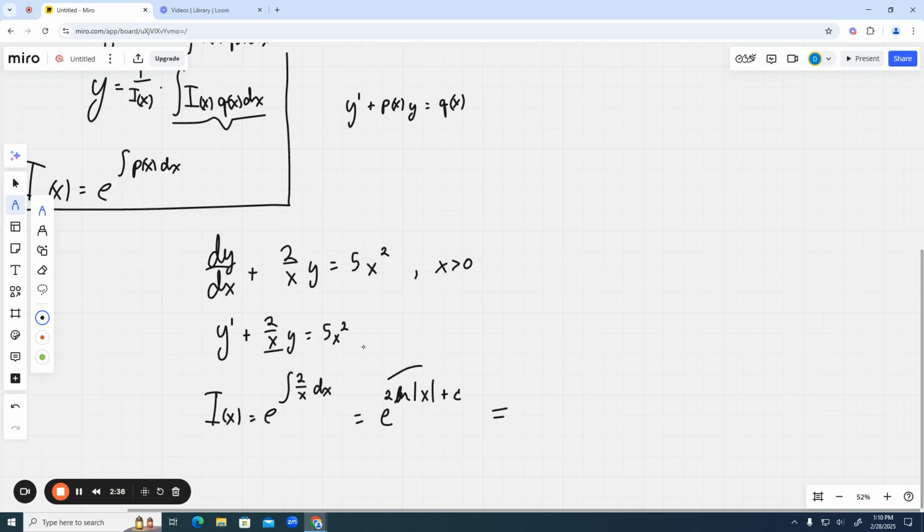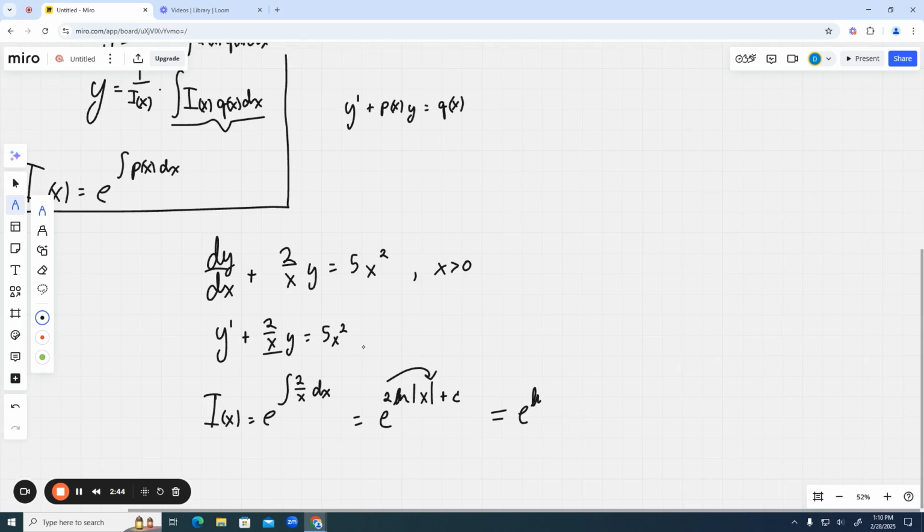And then I'm going to bring over this 2 to the exponent of x using one of my log rules, giving me e to the natural log of x squared. Again, that c is going to be 0. And we can drop our absolute value sign because x squared is only ever greater than or equal to 0. It's never negative. So simplifying, we're left with x squared.